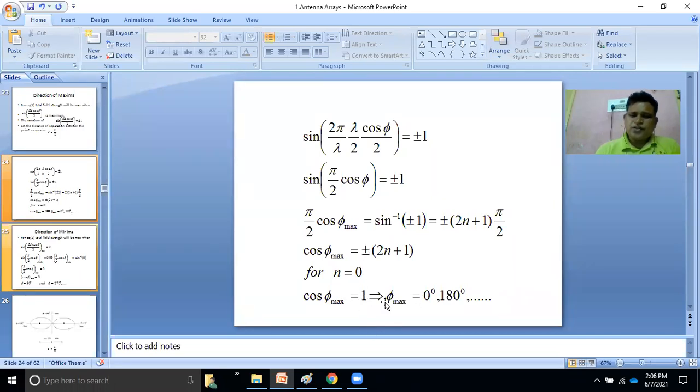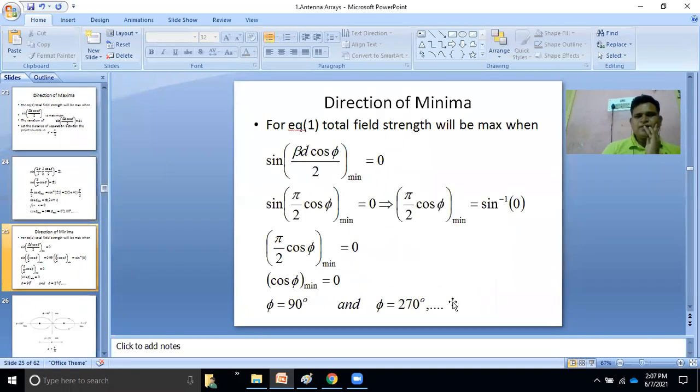Cos 0 is equal to 1 and cos 180 is equal to minus 1. Therefore, for two isotropic antennas with the same magnitude and 180 degrees phase shift, we get the maximum at 0 and 180 degrees.